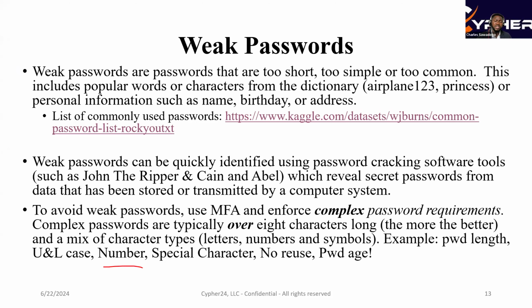To avoid weak passwords, enforce complex password requirements or use multi-factor authentication. Complex passwords are typically over 8 characters long, the more the better, with a mix of character types: letters, numbers, and symbols. For example: password length, upper and lowercase, numbers, special characters, no reuse, and password age. These are things you can use to make passwords more secure.